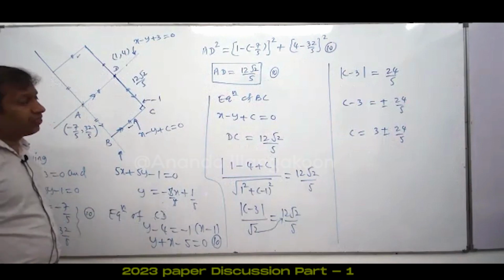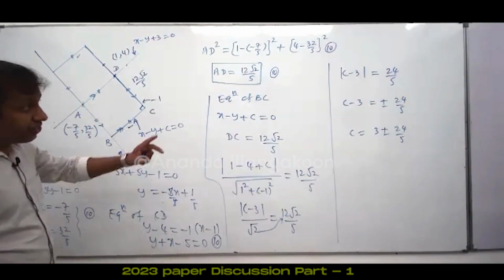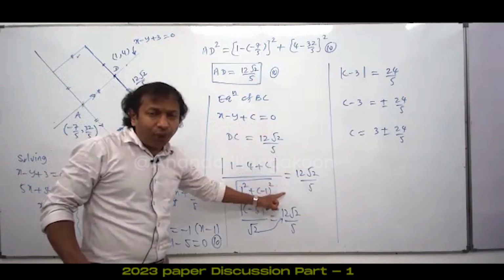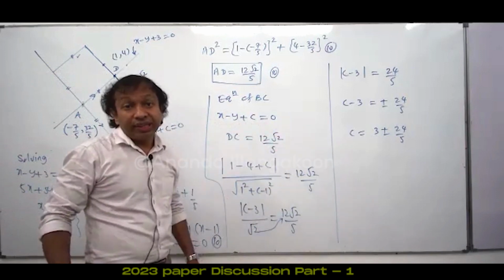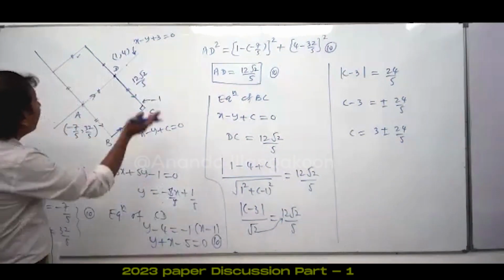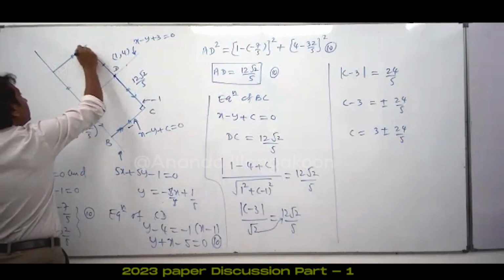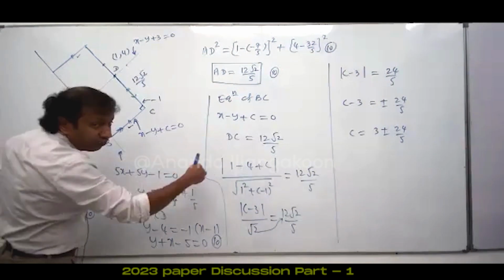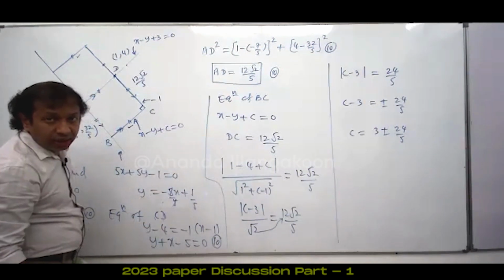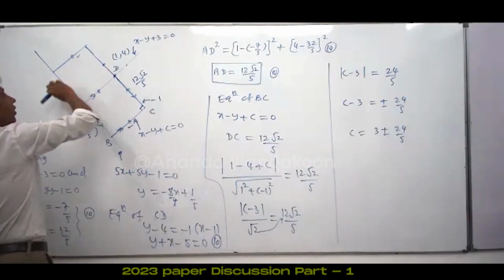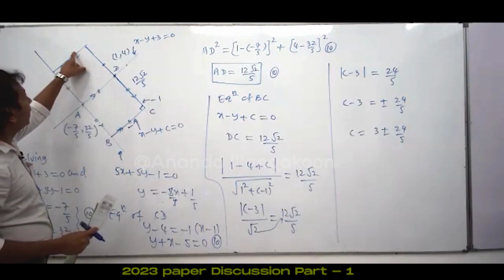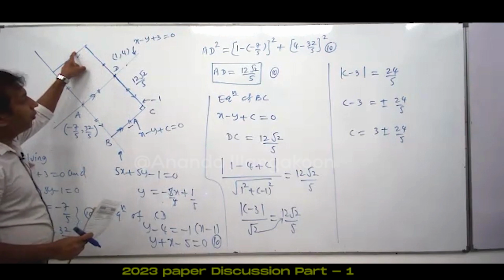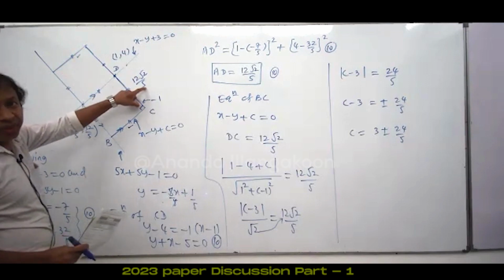Why do we get these two answers? Satisfying all the conditions we have used so far, there is another line on the other side that is C. See here, all the properties we used are equally true for this line as well. The distance from this point to this line is also 12 root 2 by 5.